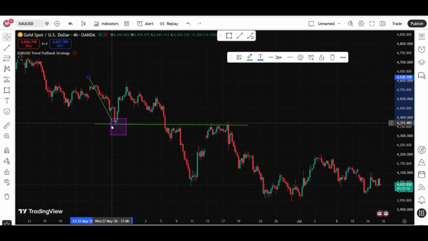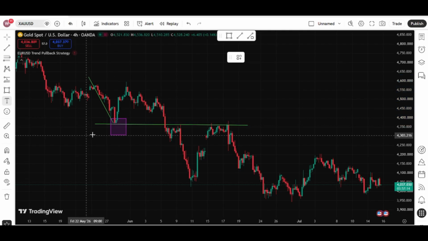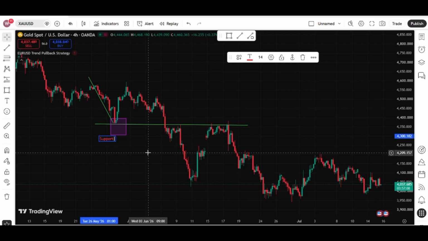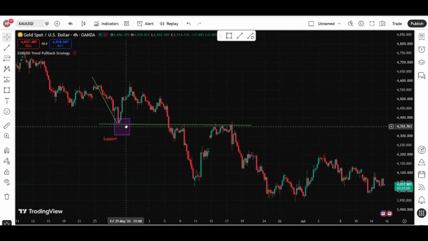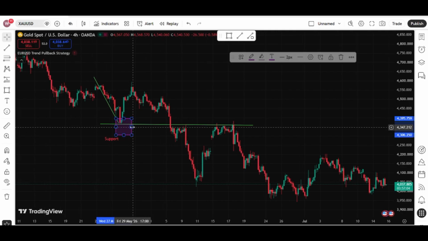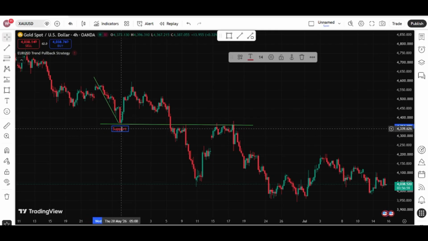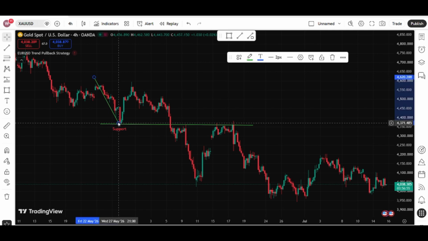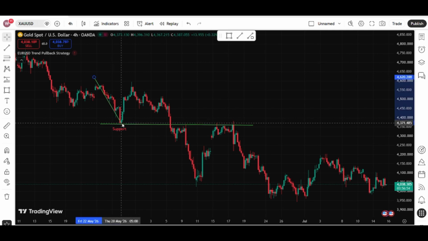When we fail to go further down, I come and mark this point. Now, this point, we will call it support. I'm just gonna remove this. This point, we call it support, the point where the market failed to break, going to the downside.